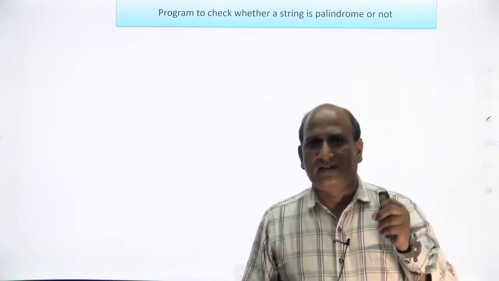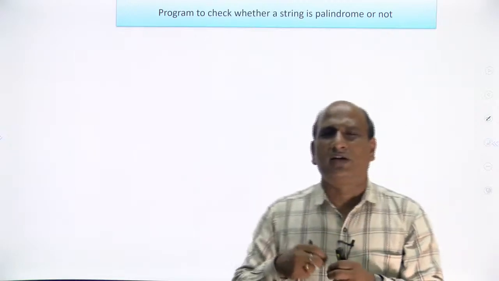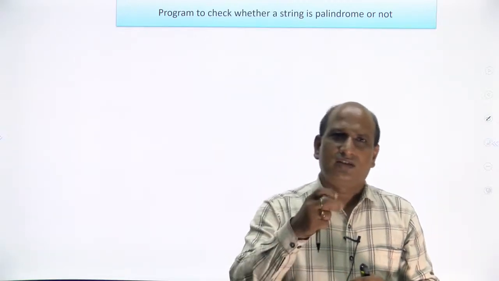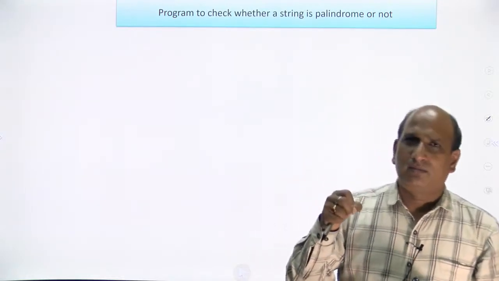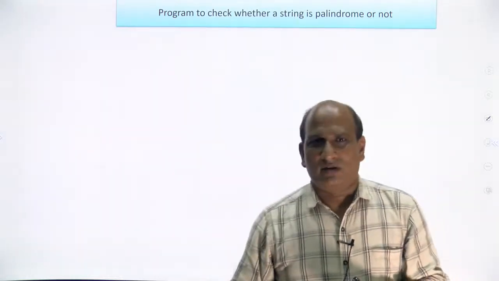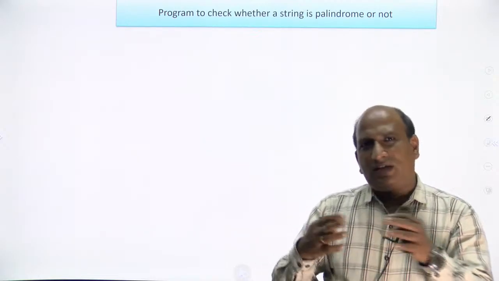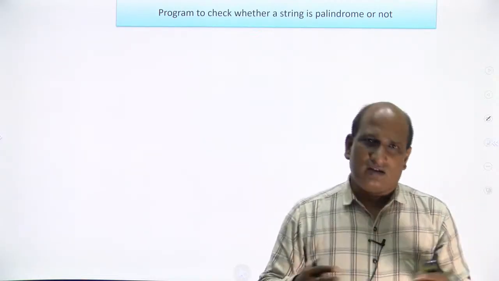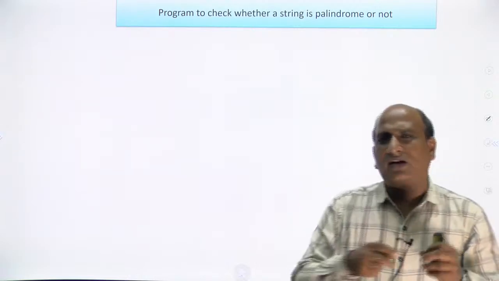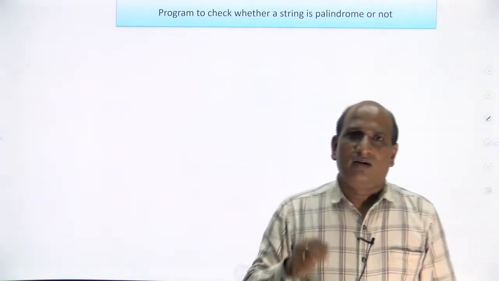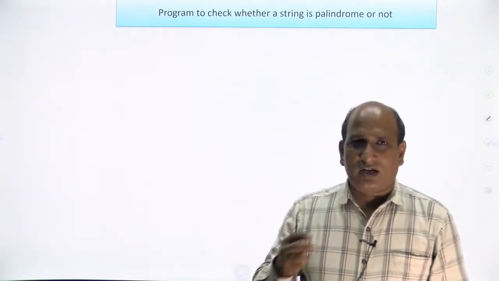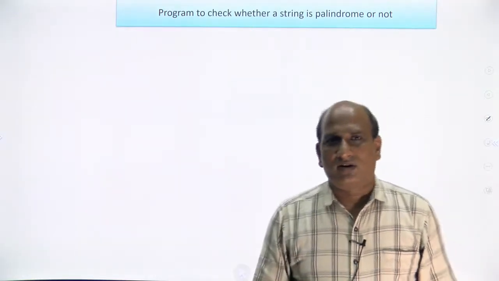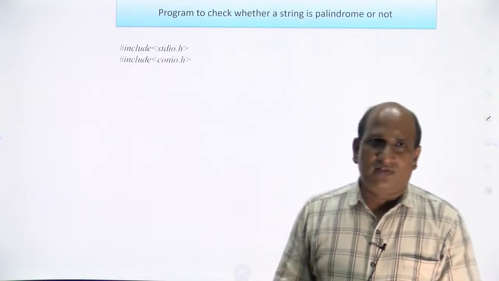In a number, to check for a palindrome, we use the modulus and slash operators, modulus to extract a digit and slash to change the number, and by using that logic we find the reverse of the number and compare it with if. But whenever you want to check whether a string is a palindrome or not, we use some different logic.